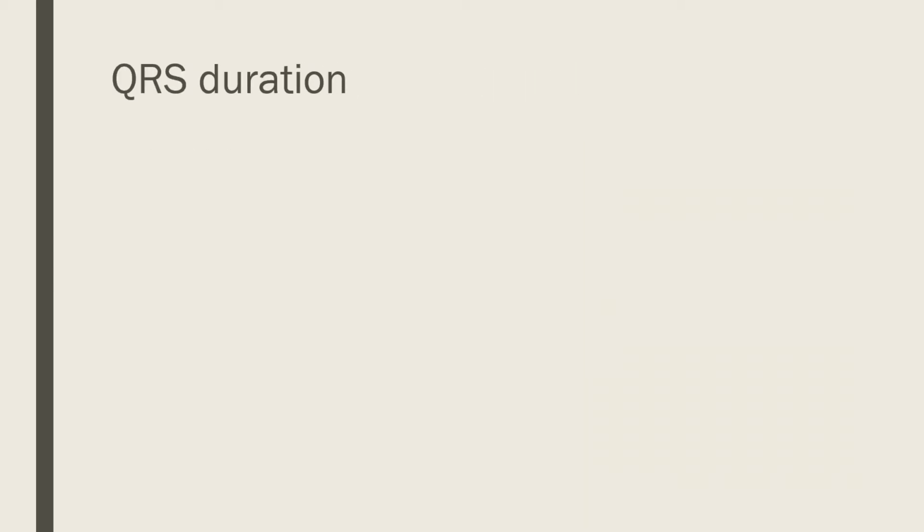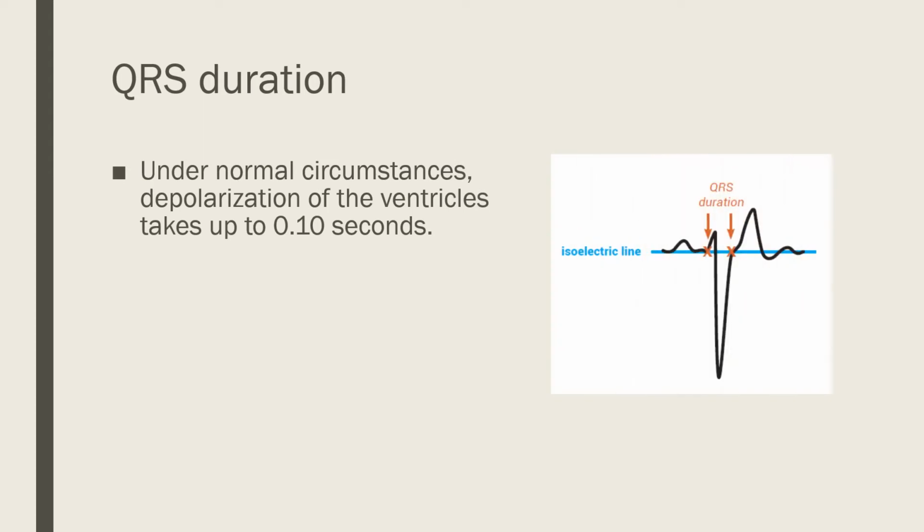Regarding QRS duration, under normal circumstances, depolarization of the ventricles usually takes up to 0.1 seconds, as shown in this figure. How can we measure the QRS duration? From the beginning to the end of the QRS complex.